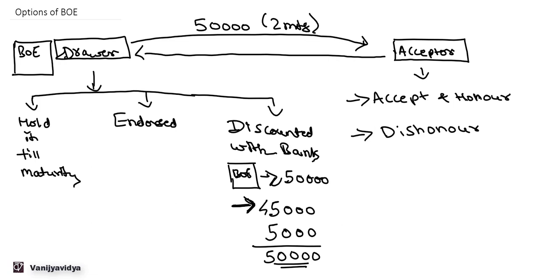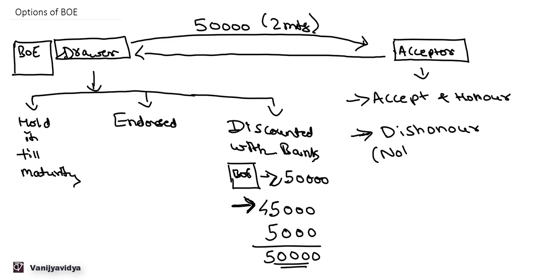Then, in case of the dishonor of the bill, if the bill is with the drawer and held by the drawer till maturity, then he will just reverse the entry, along with whatever is the amount of noting charges for the bill.